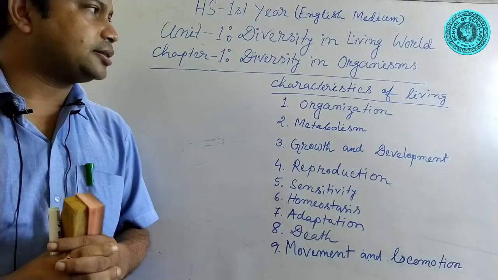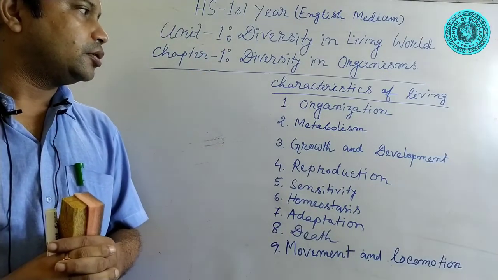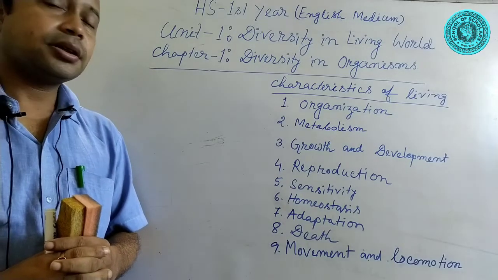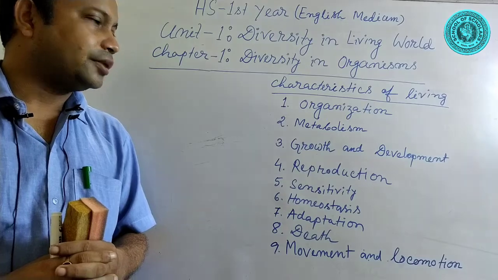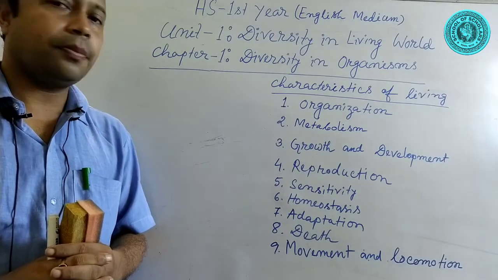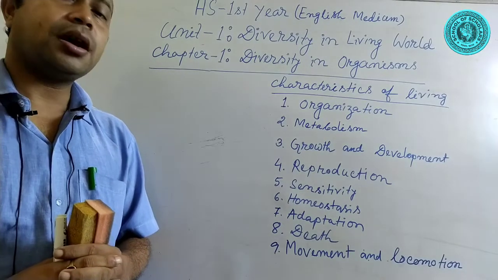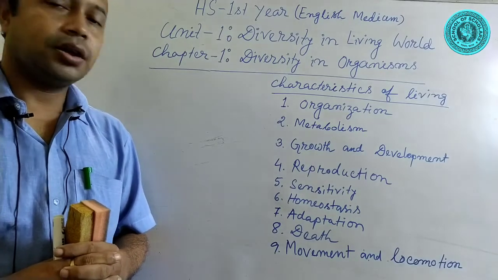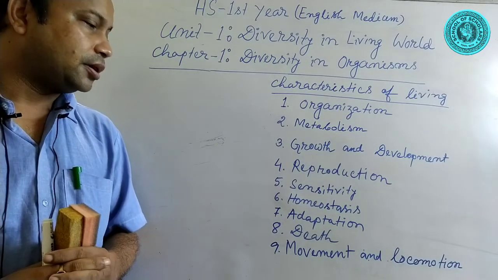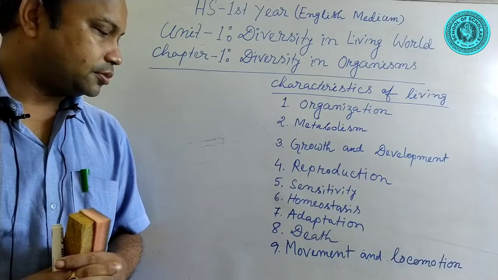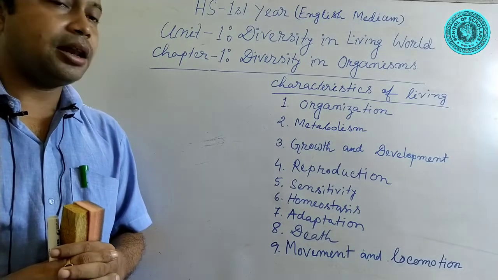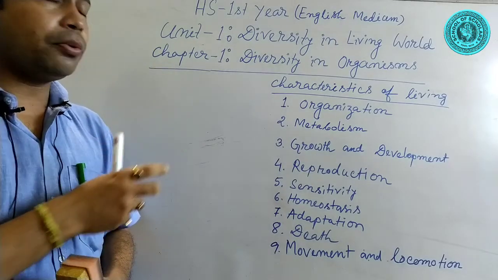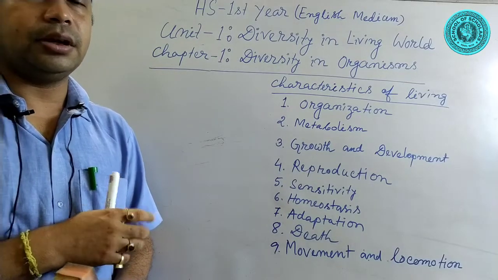These characteristics are: first one is organization, second one metabolism, next growth and development, reproduction, sensitivity, homeostasis, adaptation, death and movement and locomotion. All these are important characteristics of living beings.